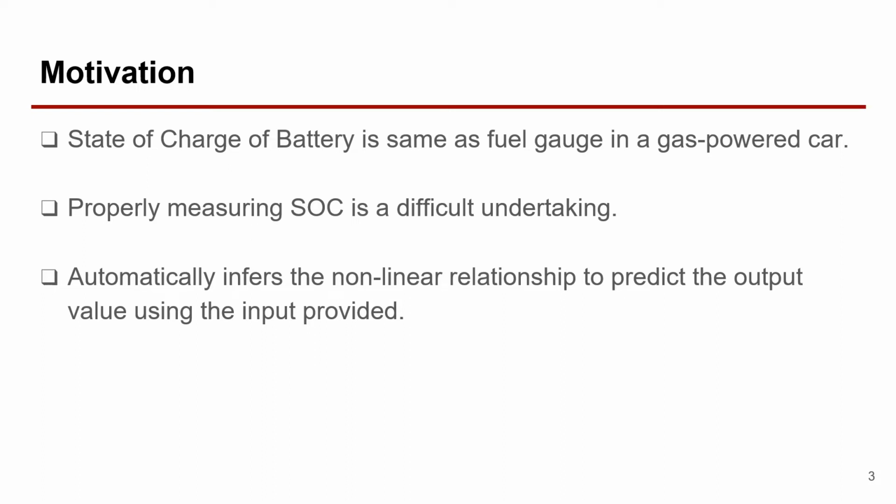The benefit of using AI, artificial intelligence, is that it usually does not require a deep understanding of the problem because it automatically infers the nonlinear relationship to predict the output value using the input provided, and it's usually used when the problem is too complex to be solved analytically or with a standard program.